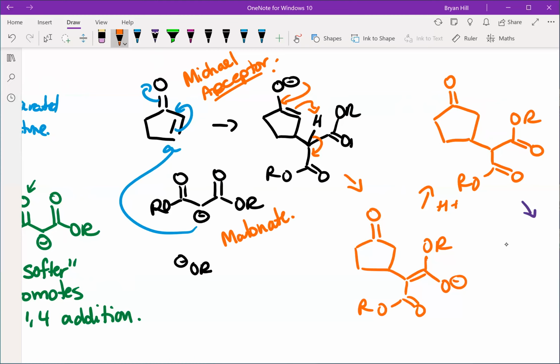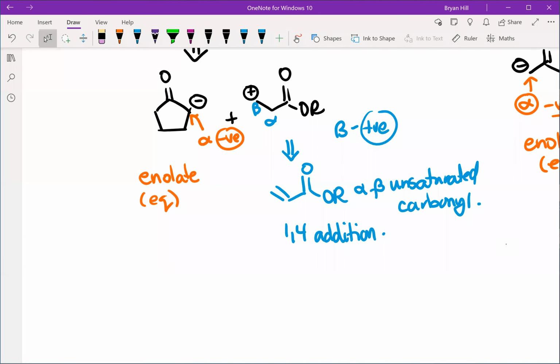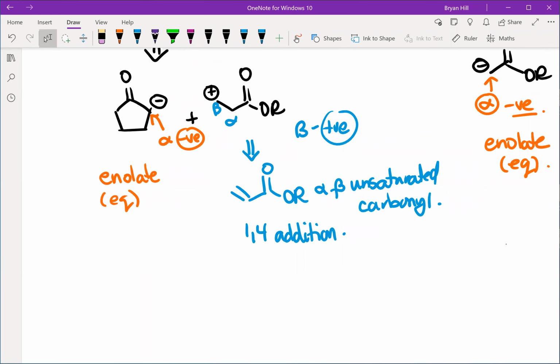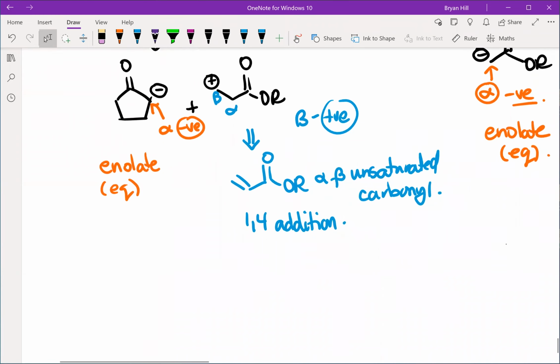There are other, as I said at the very start way over here, a number of different enolate equivalents that you can use for these types of reactions. And so for the next one, I thought I would remind everybody of a different kind, which we haven't seen recently in this class. So that was just the first one.